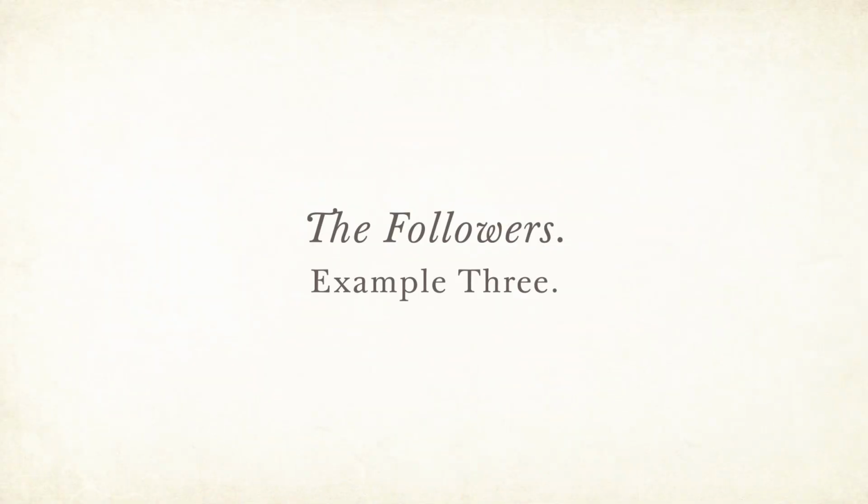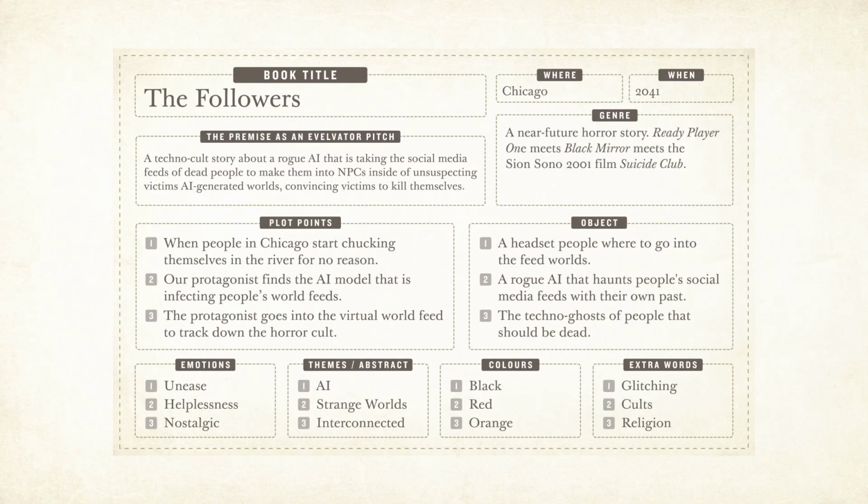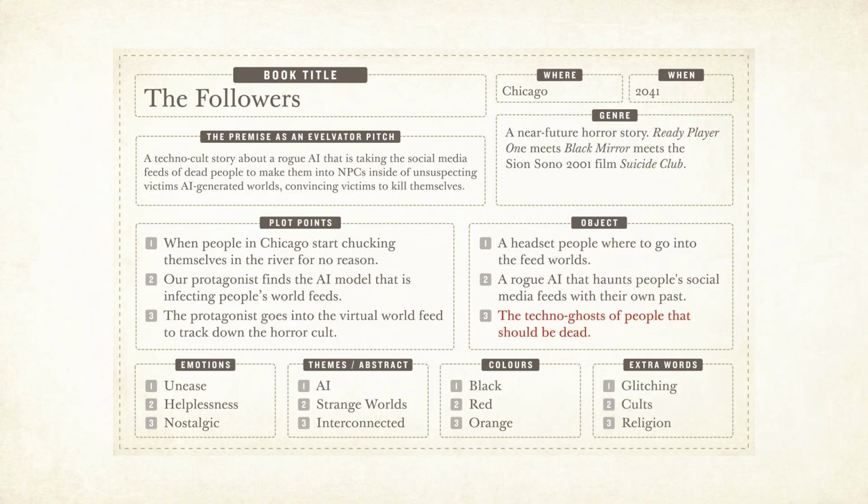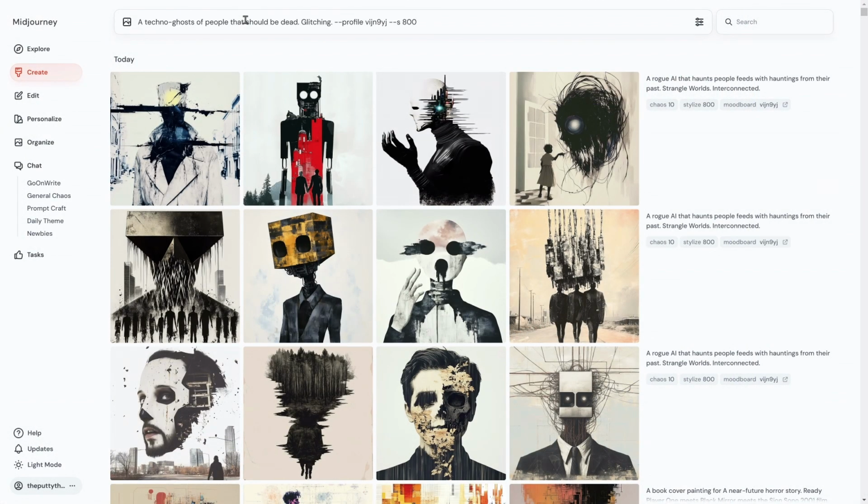Example 3. I'm addicted to this mood board, so let's repeat this experiment using the code for this style. But let's try out a new subject from our checklist. This time, let's use the techno ghosts of people that should be dead, glitching. Let's go to MidJourney and use our new subject. Rerun it a few times.